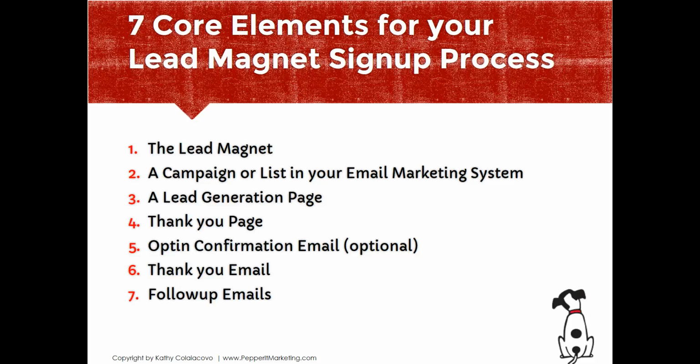And then number 7 is follow-up emails or some sort of nurture sequence of emails that might go out, or even just following up with people by sending a newsletter on a regular basis.